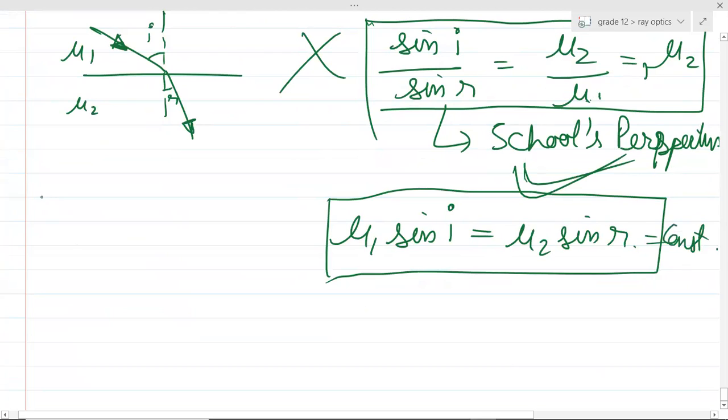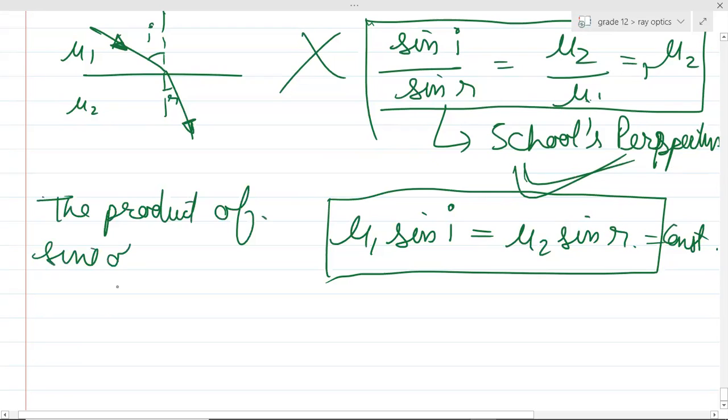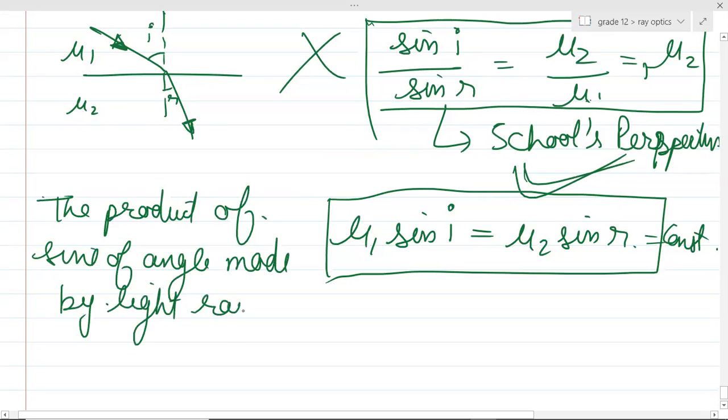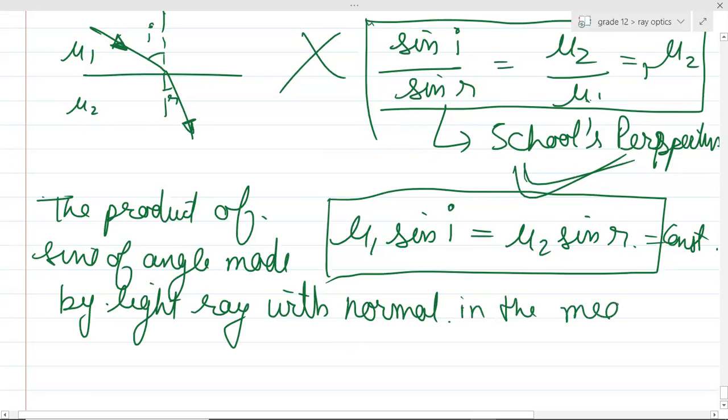So in competitive exams you can write the product of the sine of the angle made by the light ray with the normal in that medium and the refractive index of that medium.